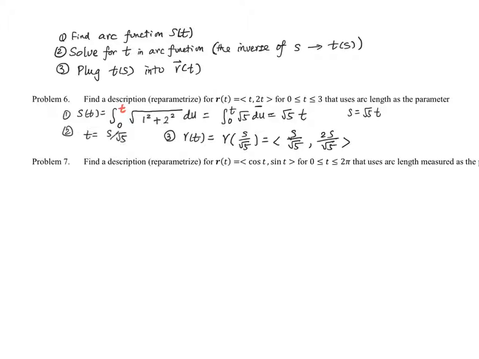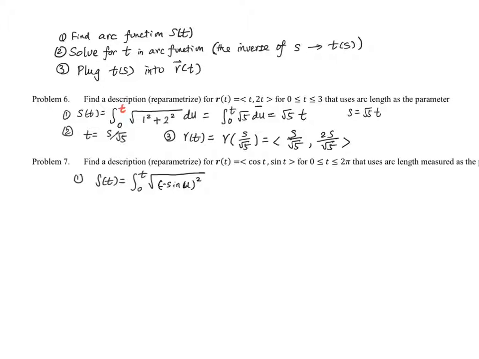Now let's look at the very last one. We want to reparameterize this. This is a circular motion, uniform circular motion, because it's a circle, and we use arc length as the parameter. So step number 1, let's find the arc length function from 0 to t, square root of the derivative of cosine squared plus the derivative of sine squared, which gives sine u squared.